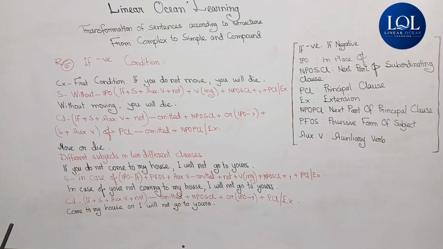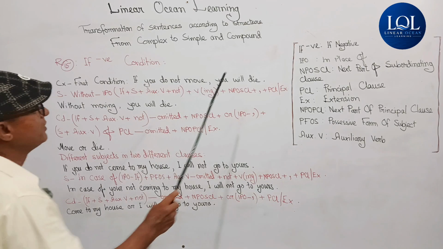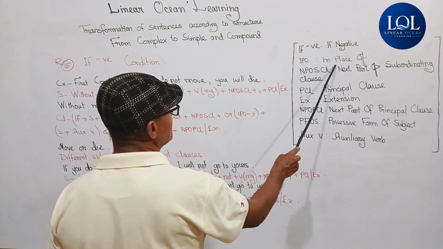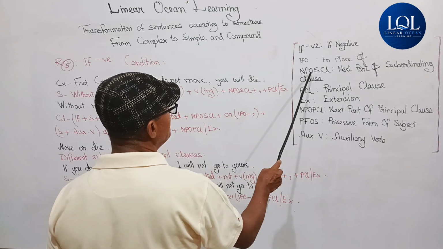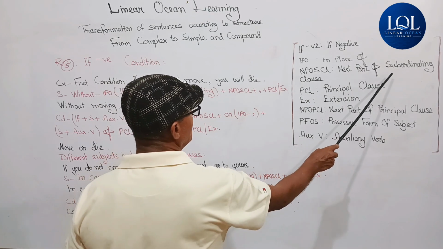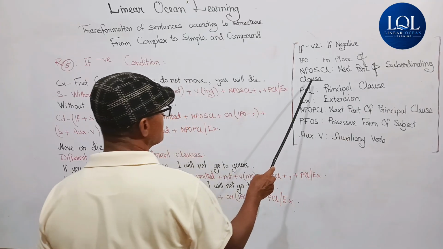Viewers, I need to clarify one thing. In my structures, I have used many abbreviations and you need to know them. If negative, that is if negative, IPO means in place of. NPOSCl means next part of subordinating clause.